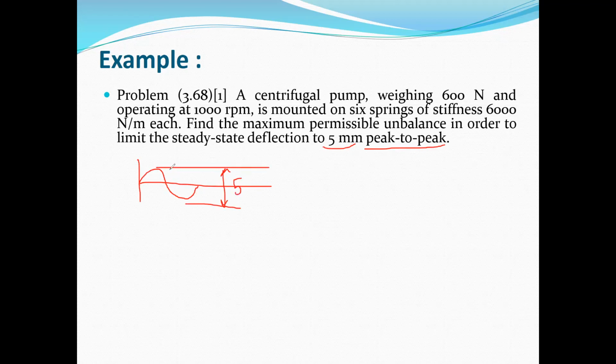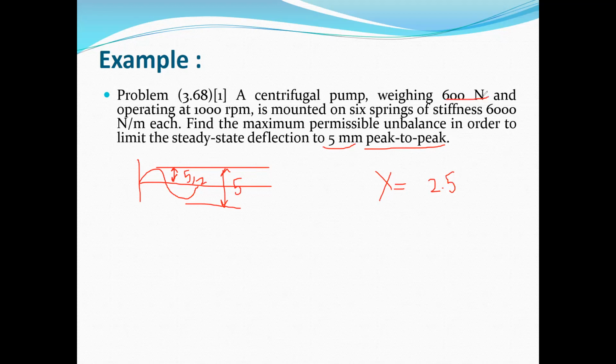From here, we can conclude that this is the amplitude of the response, which is 5 divided by 2. So we have the amplitude, or x, which is 2.5 millimeter.